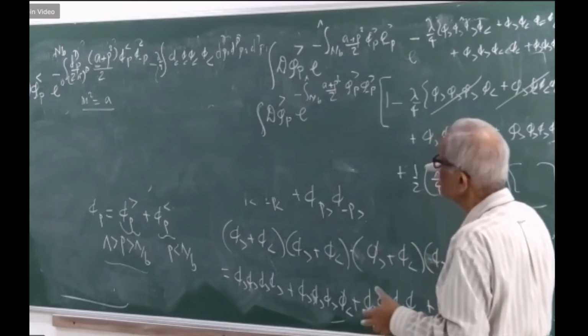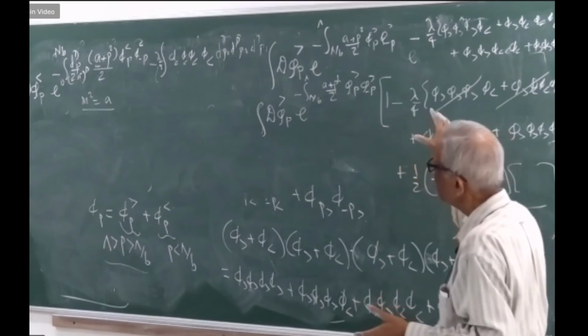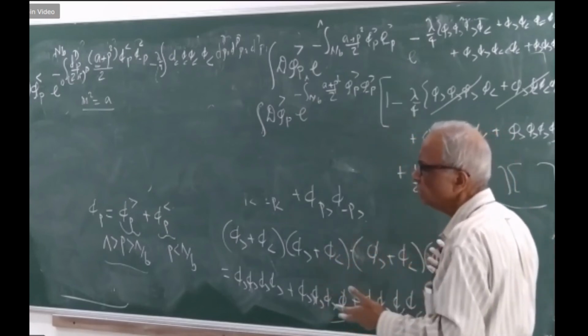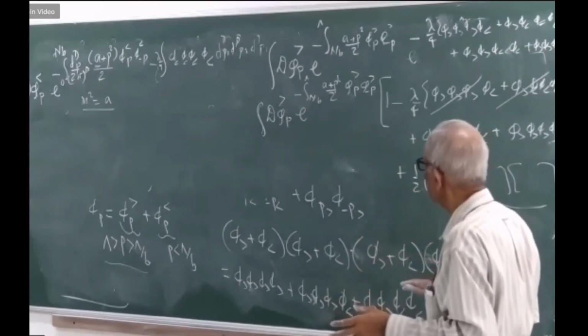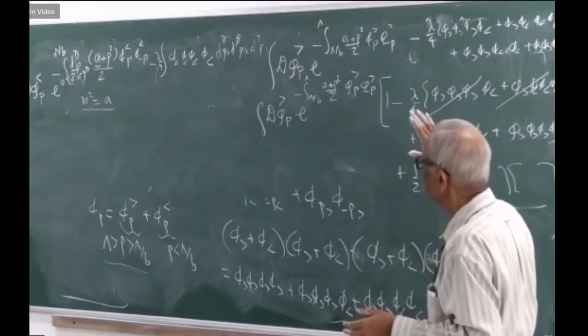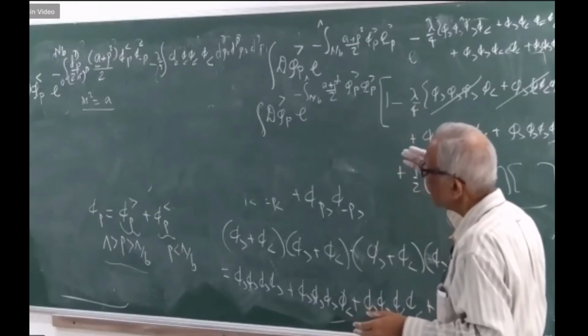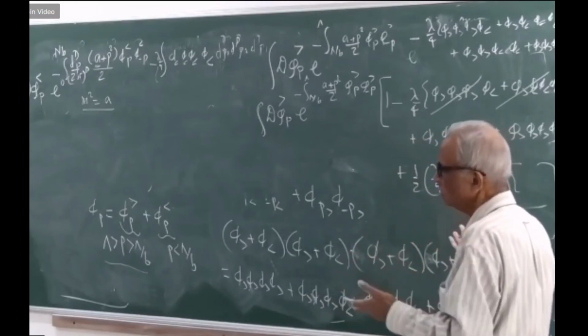Once you understand what's going on over here, the philosophy at least, we would not be going into any very involved calculation at all. The philosophy of what is being done is very important, because that you would need as a way of life if you are going to be a theorist.